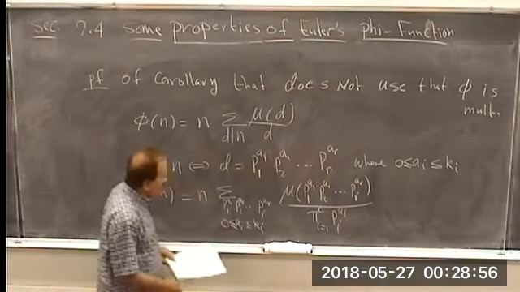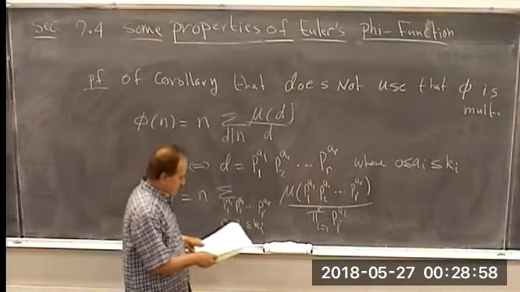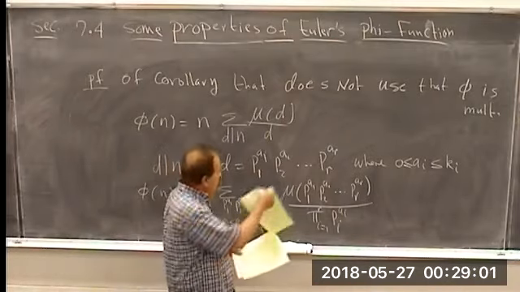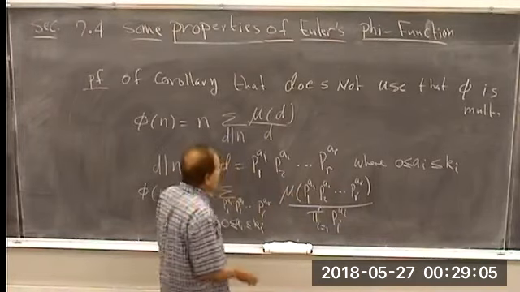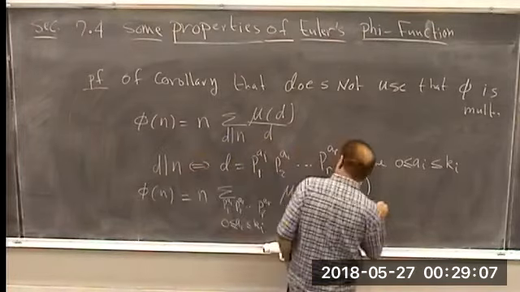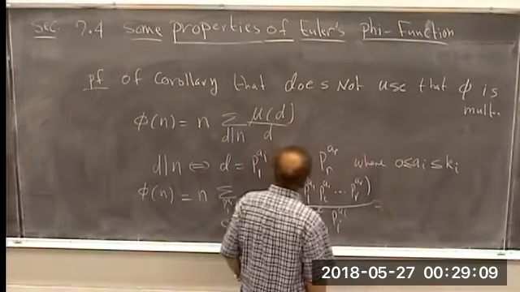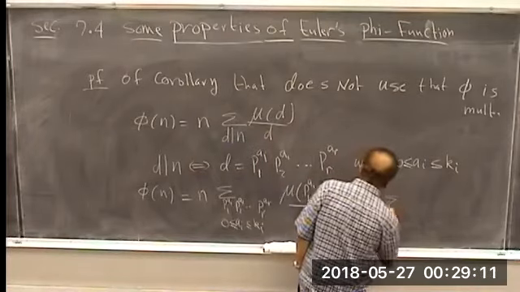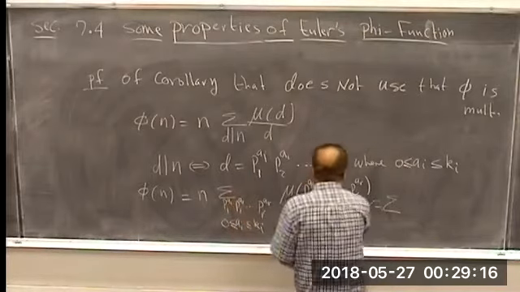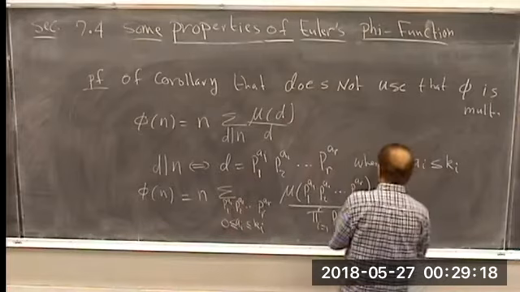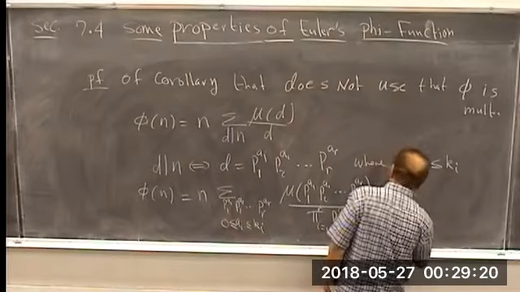All right? Now, we know that mu is multiplicative. So we can write this as a summation. I don't want to repeat what's written underneath, it's the same. There's an n, first of all. So this is n, and the summation.